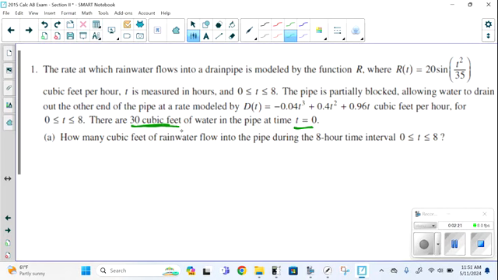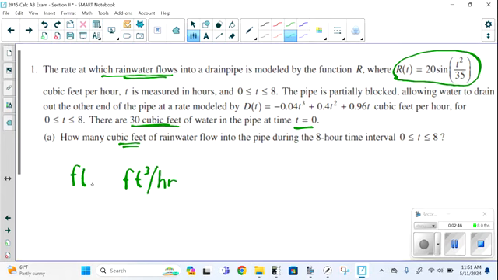Part A states, how many cubic feet of rainwater flow into the pipe during the 8-hour time interval? They give us a rate, this r of t is the rate of water going into the pipe. Okay, that's in cubic feet per hour, and we just want cubic feet. We are going to go backward, and that means we're going to integrate.